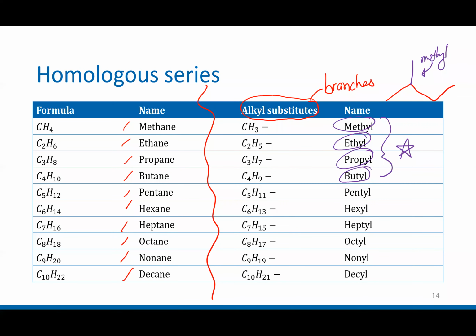The problem with really long branches is the rule, and we'll talk about the rule maybe today, maybe tomorrow, but the rule in chemistry is you name the alkane based on the longest chain. So when your branch, and they call it an alkyl substituent, gets to be really, really long, then typically that's not a branch, it's part of the carbon chain.